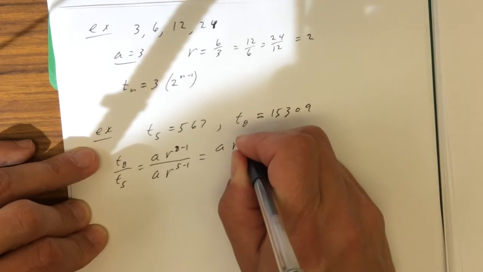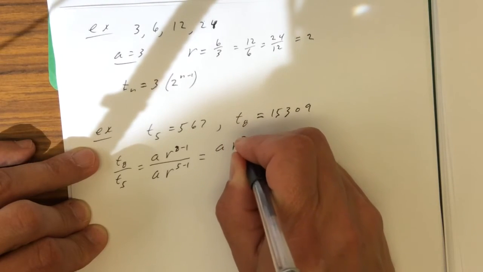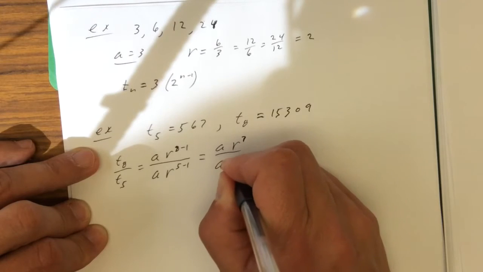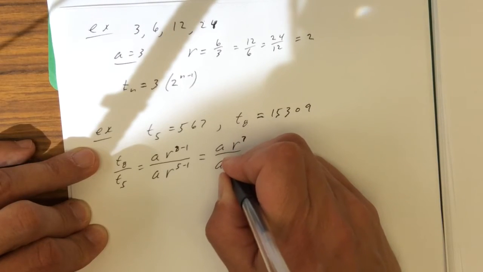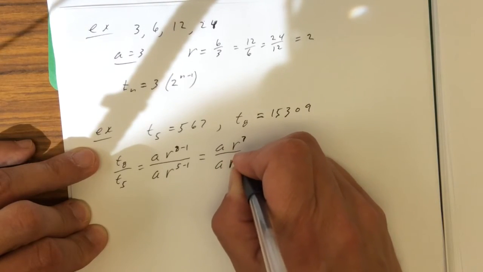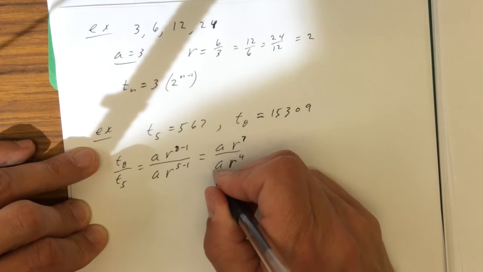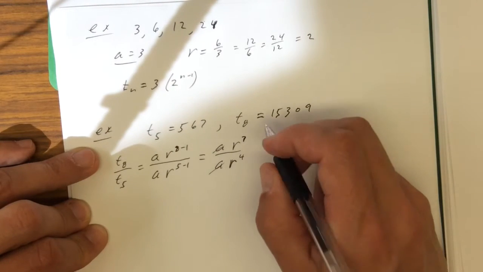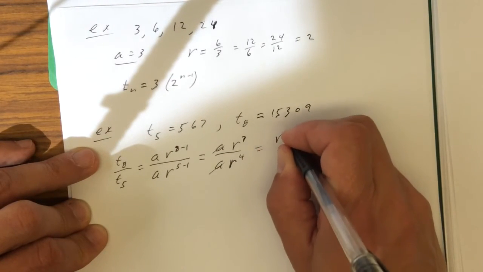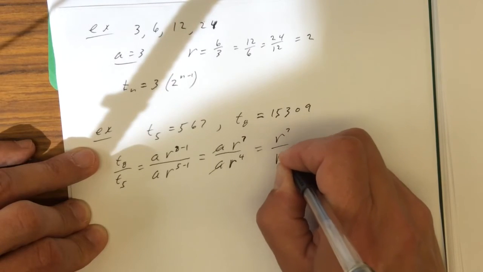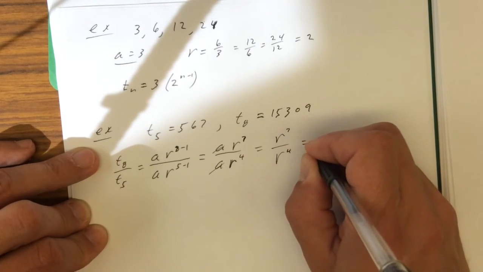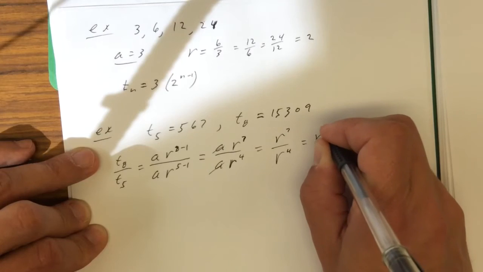A R to the 7, since 8 minus 1 is 7, over A R to the 5 minus 1, which is 4. The A's cancel out. And when you divide with exponents with the same base, you subtract. So that becomes R to the 3.